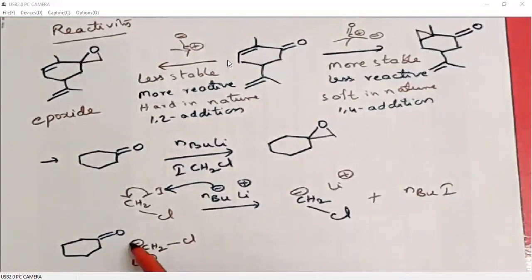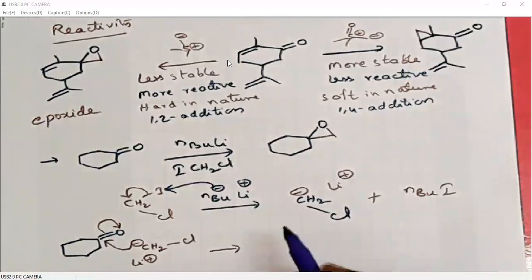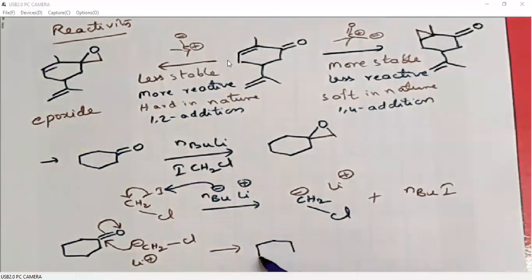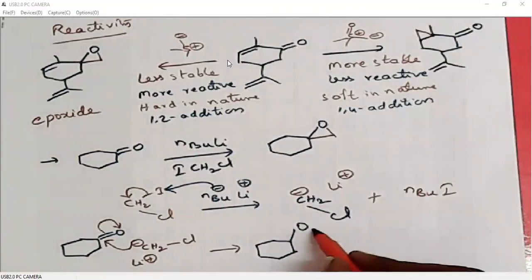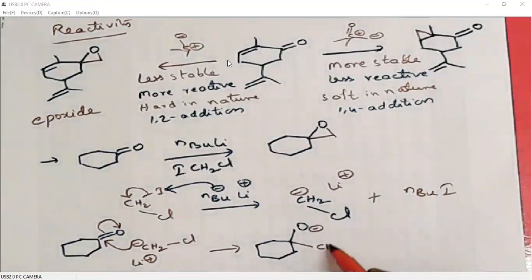This anion adds to the electrophilic carbonyl, so the carbon oxygen double bond breaks and is polarized towards oxygen. What we get is an oxide ion, and then it is like the previous examples.